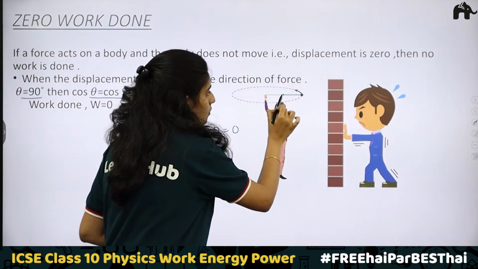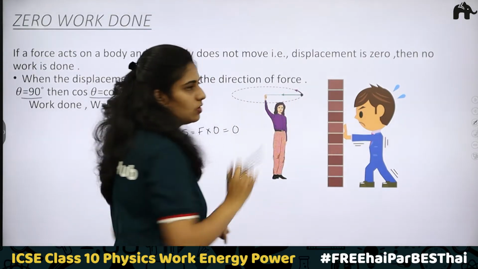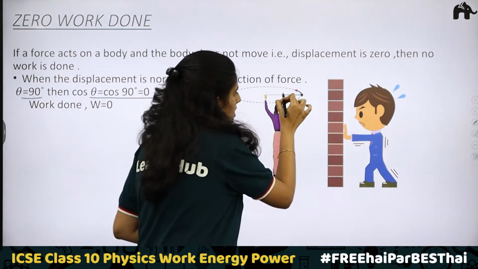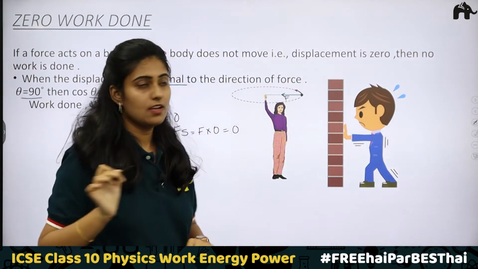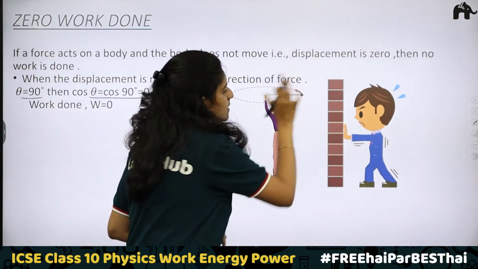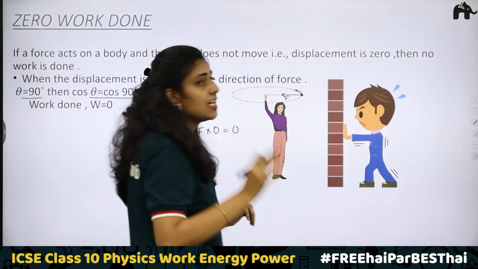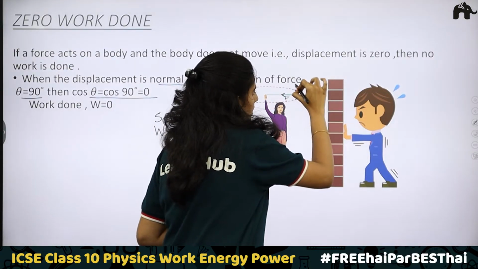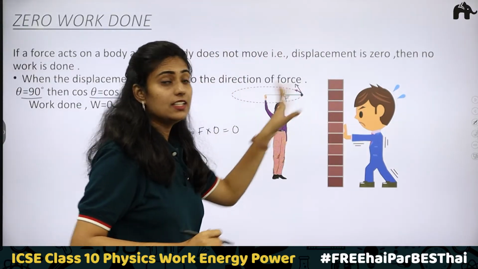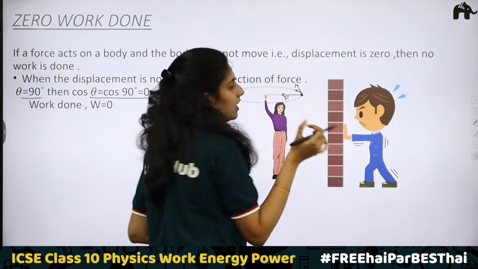The centripetal force helps a body to move in a circular motion. So the body is in circular motion, there is centripetal force. In which direction is this force acting? Force is acting towards the center. What is the direction of displacement of the body? We know that at every point, the body will have a direction of displacement that is tangential. In the tangential direction it will have a tendency to move.